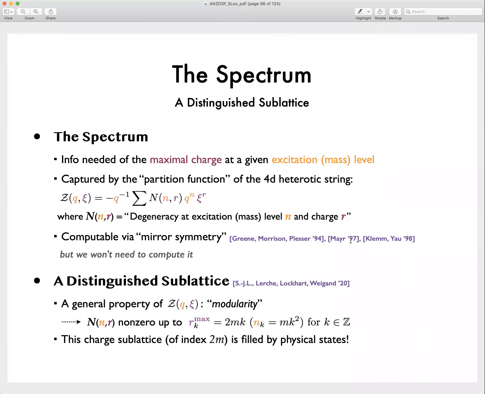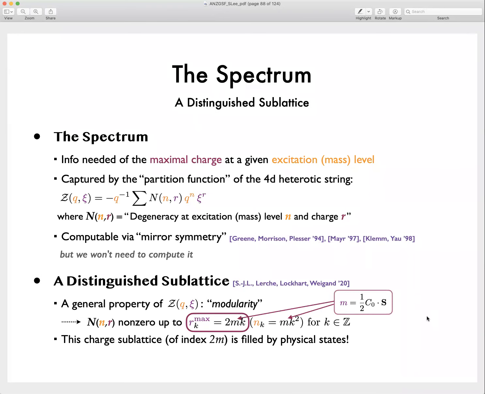As it turns out, a general property of the string partition function already guarantees that the spectrum does contain a distinguished charge sublattice with charge R equals 2m times k. To be precise, this is the maximal charge at mass level N equals m times k squared for every integer value k. The coarseness of this sublattice is this integer 2m, which is fixed by a certain topological property of the internal space. In case you're interested, the C0 here was the shrinking sphere fiber, and this S is the 4-cycle wrapped by the 7-brane. The dot operation here is just to count at how many points C0 and S intersect inside X6.